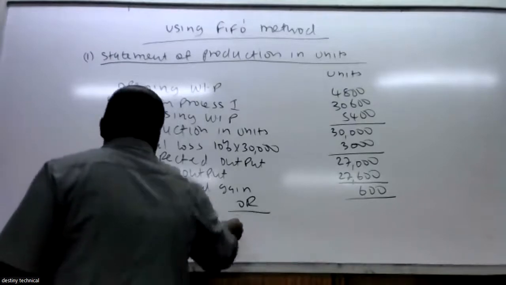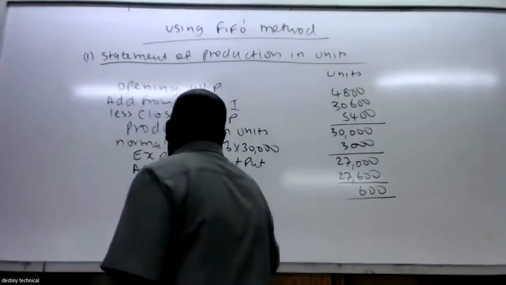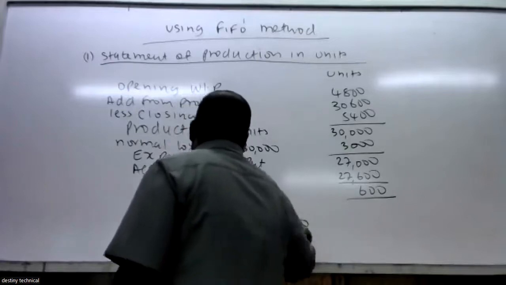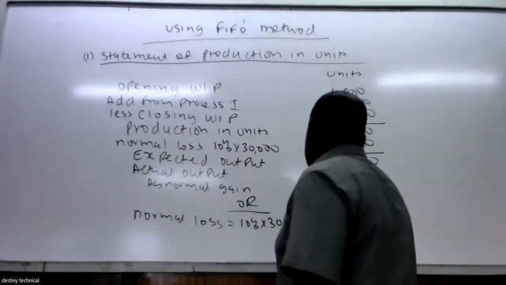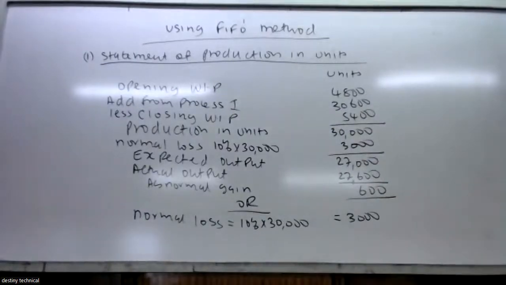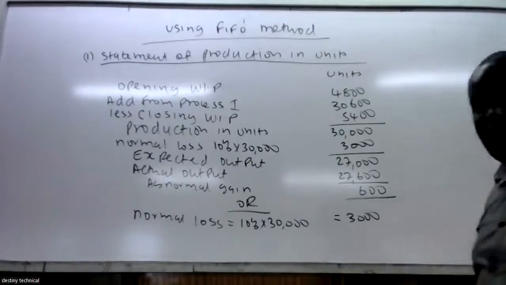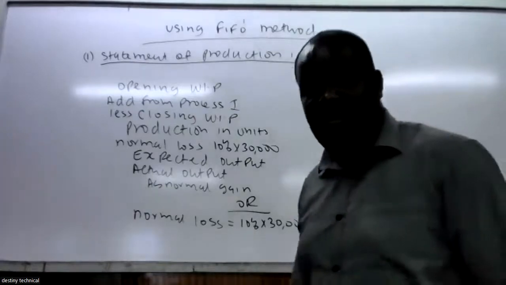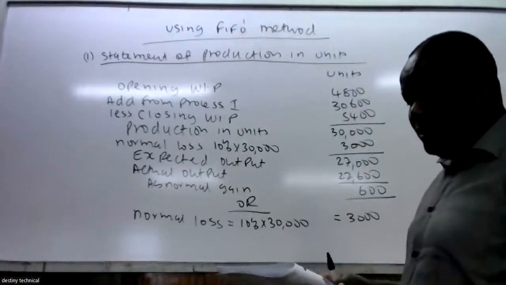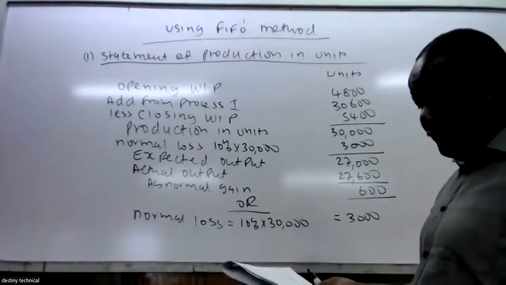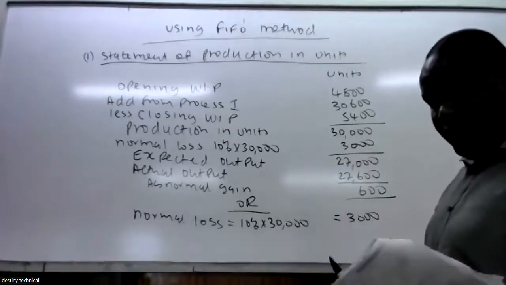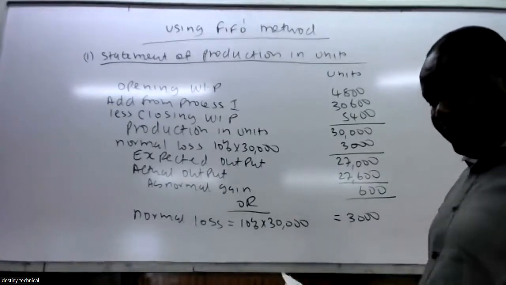Normal loss is 10% of the 30,000, which is 3,000. This is for the sitting of May 2021, question number 4.